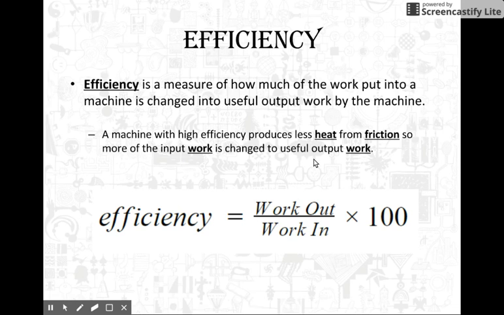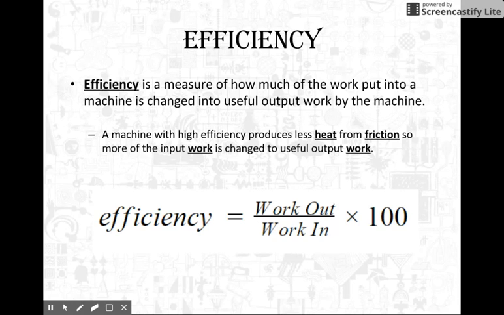So if you've ever noticed a car after you've driven it for a while, you touch the engine and it is hot. So it loses a lot of all that work we're putting in by burning that fuel. It loses a lot of it to friction and heat. Cars are only about 25% efficient. So 25% of all the work the car does gets turned into motion.